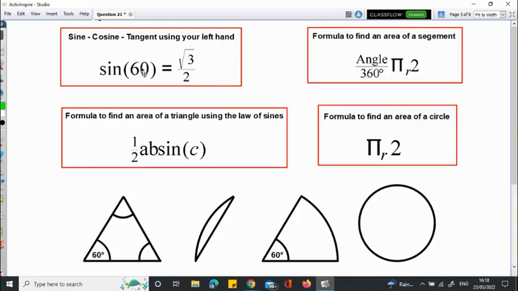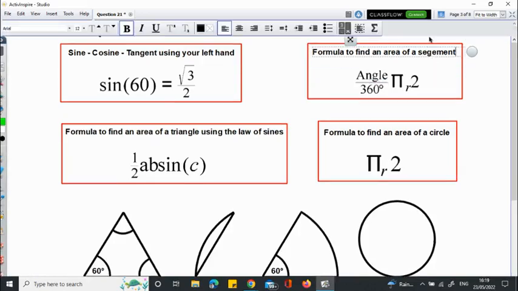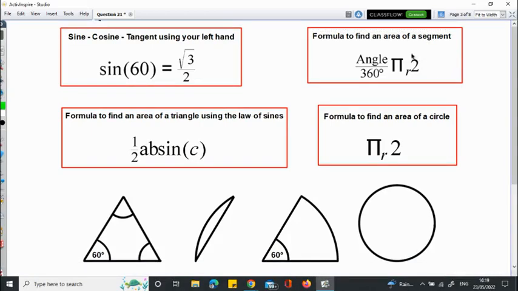We then need to find the area of this segment, which I've spelt wrong. Just typical. Let's correct that. The area of this segment is the angle, which is 60 divided by 360 times pi r squared. That's to find the area of this.